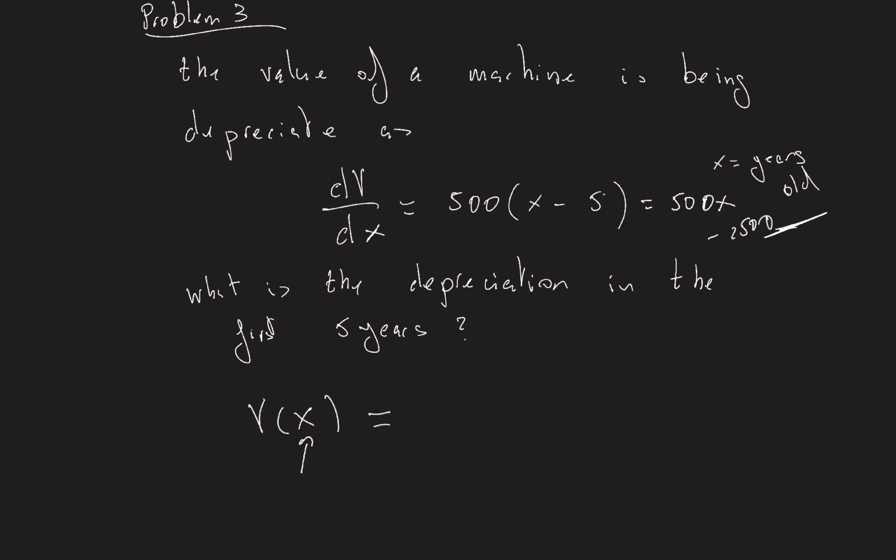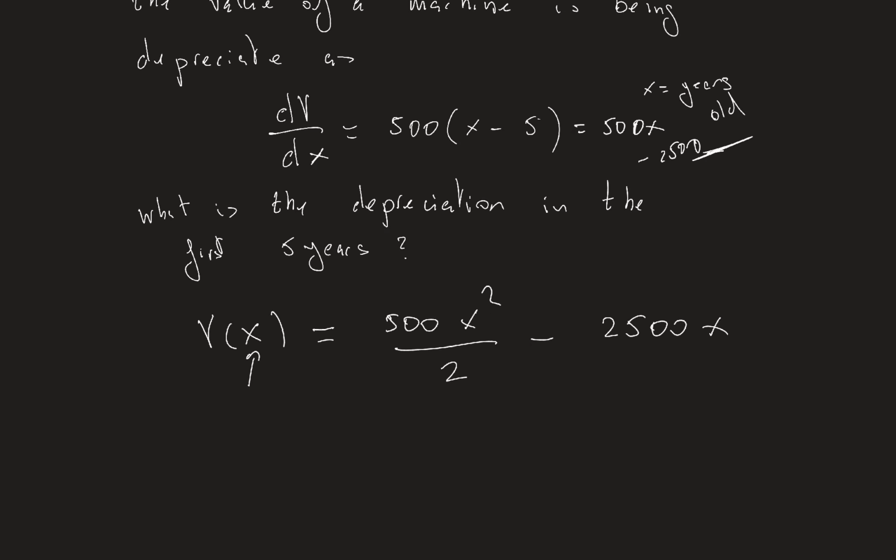This function is 500x squared divided by 2 minus 2,500x. And this is the general function. Well, if I add here a constant c, now it's a general function, because if I take the derivative of this function, the derivative of c will be 0, the derivative of 500x squared divided by 2 will be 500x, and the derivative of 2,500x will be 2,500, so I have found v of x.